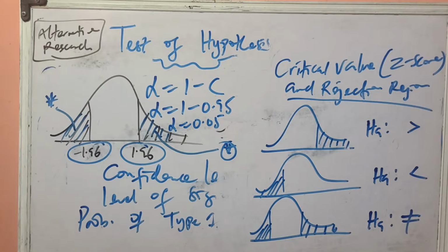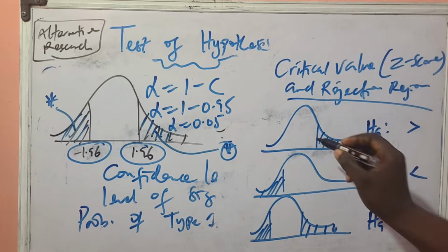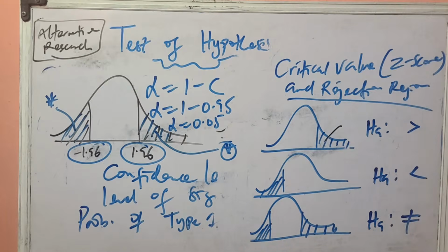Now, let me quickly tell you a very vital point that you must never forget. This is where the guys that will know how to solve questions on this topic, this is where it's going to be defined. If you understand what I want to say next, getting your critical value will be very easy. So pay real attention. This space, of course, is the rejection region.